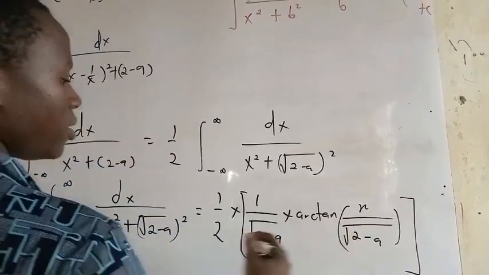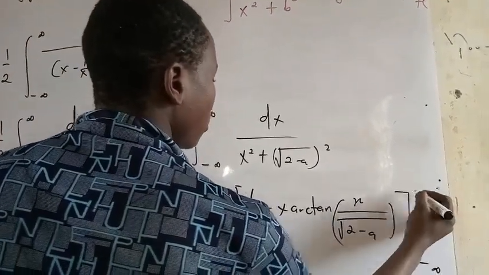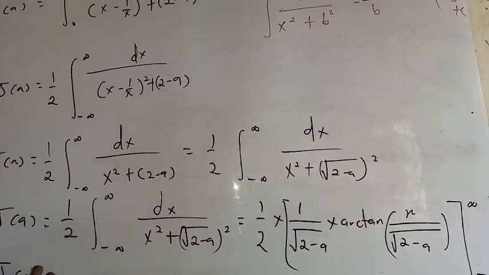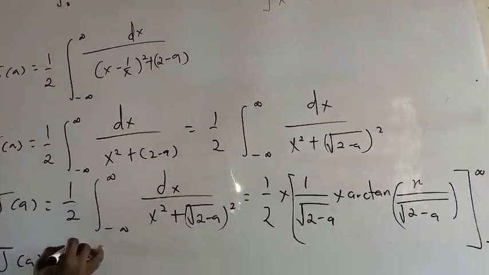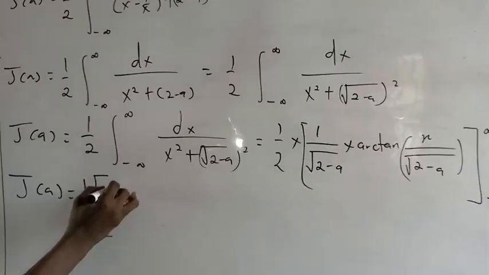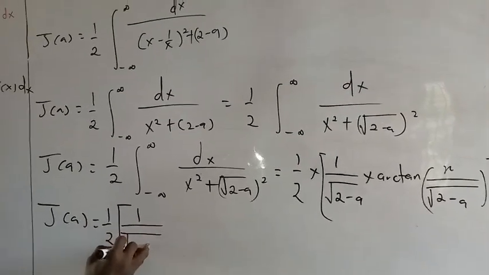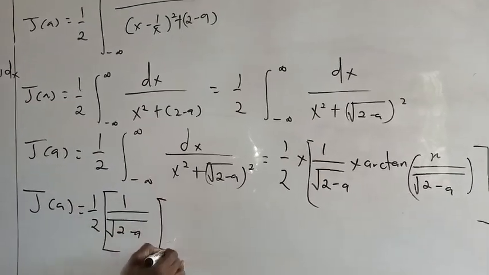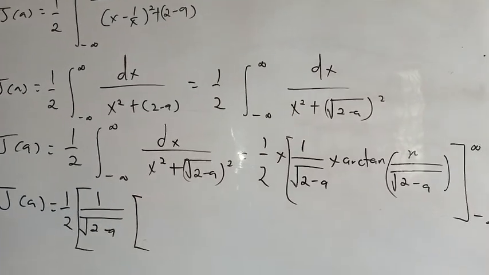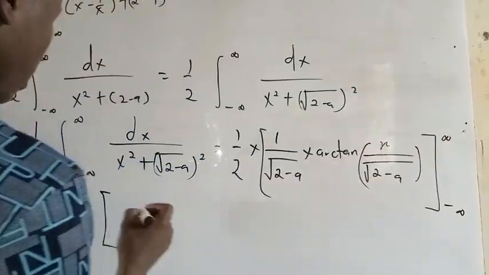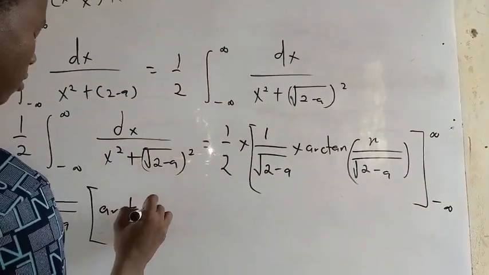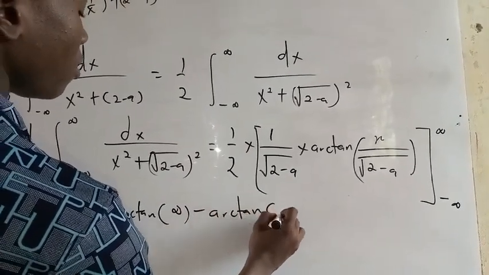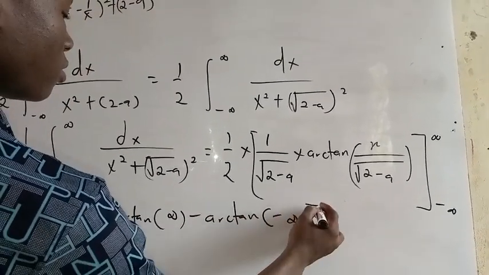So you apply your limits running from negative infinity to positive infinity. So I have J(a) now equal to 1 over 2 into a bracket, 1 over the square root of 2 minus a, with a bracket like this. So infinity will be here. So you have arctan of infinity minus arctan of negative infinity.